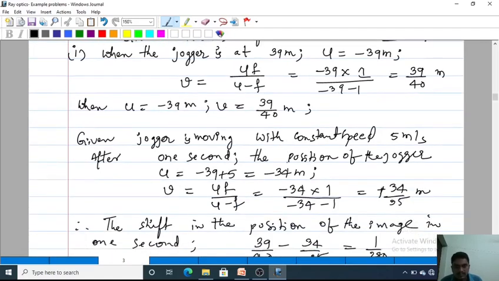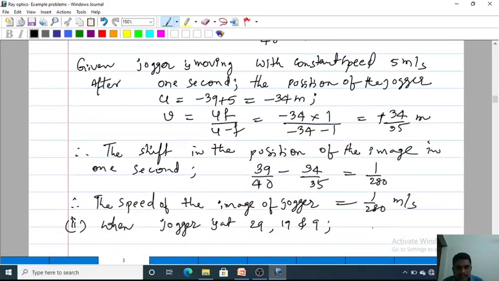Since the speed of the jogger is constant, after 1 second the position will be minus 29 plus 5, that is minus 24, so you get 24 by 25.